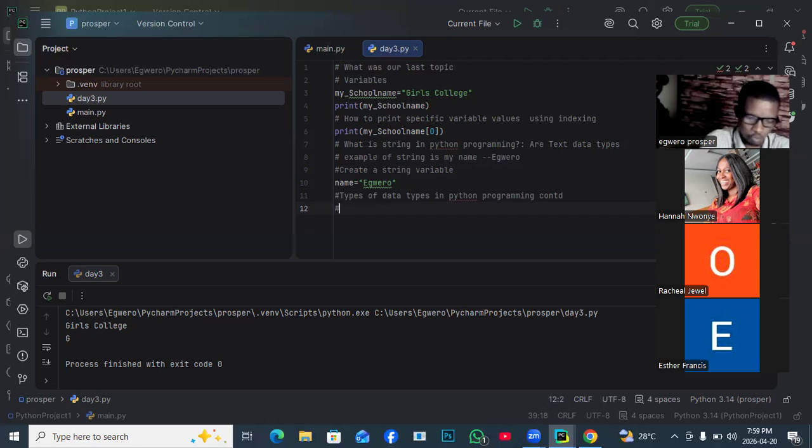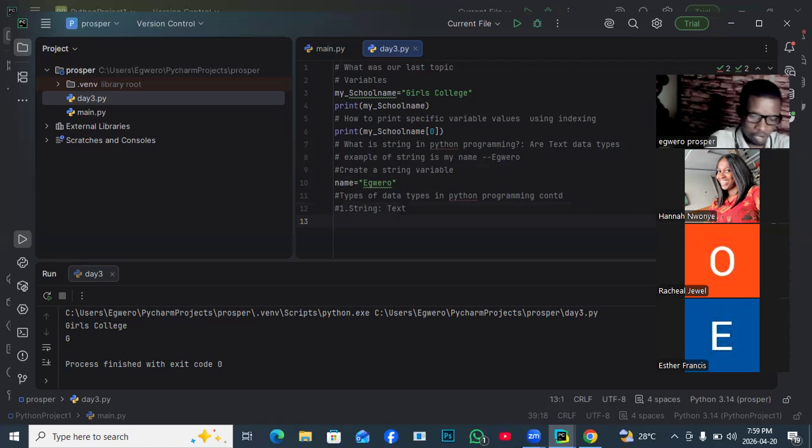So the very first one we mentioned was string. And we say string means what? String means text, right? In programming, whether you call it string or you call it text.